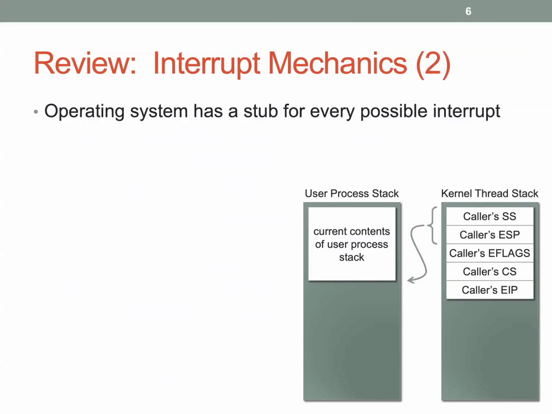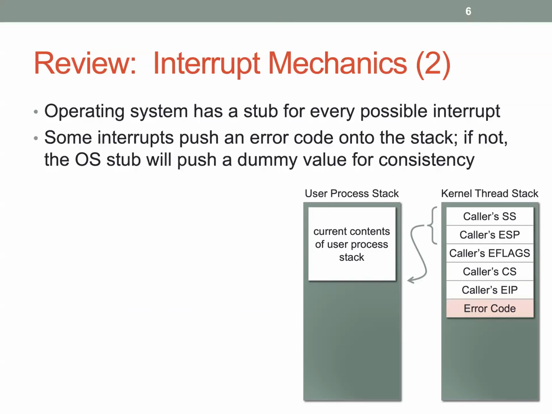And then the OS has these interrupt handling stubs that take care of configuring the kernel thread stack so that everything is uniform, so that multiple interrupts can be handled with a single handler. So for interrupts that don't have an error code, the OS kernel will push a dummy error code, which is, I think in Pintos, just 0.